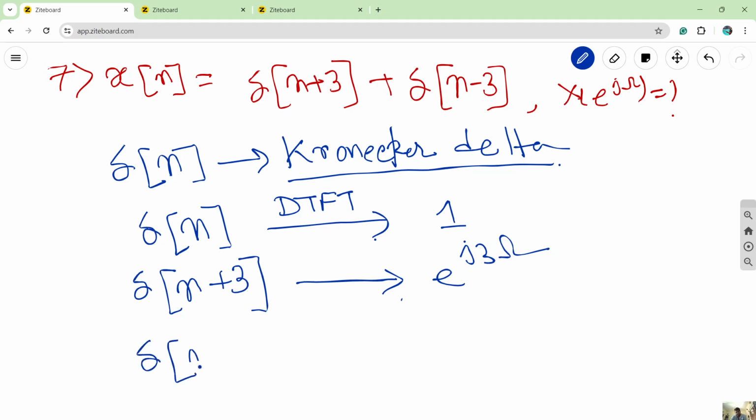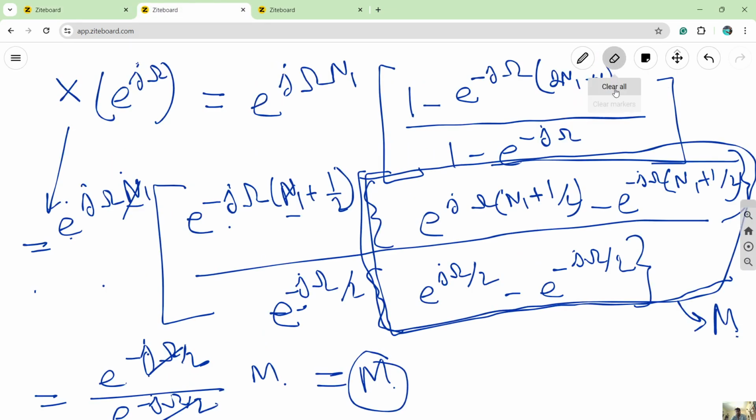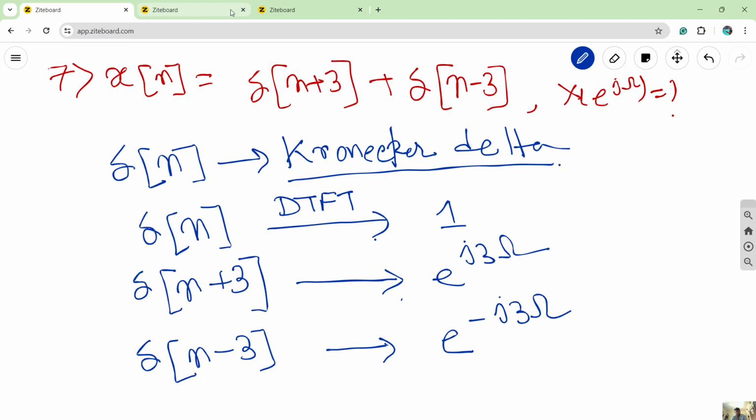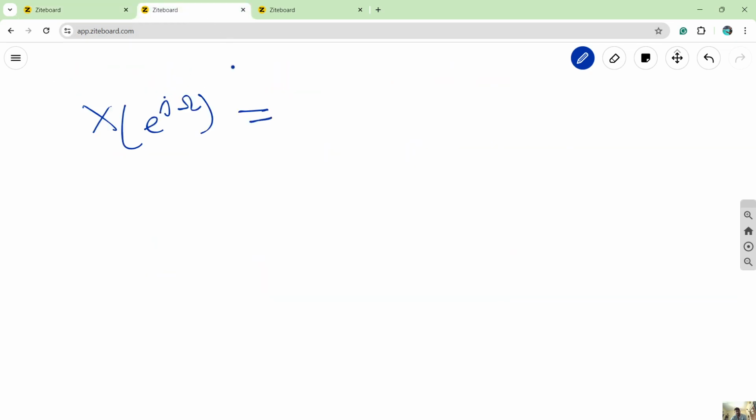Similarly, if we do a time shift by n minus 3, it becomes e to the power minus j 3 omega. So X of e to the j omega is actually the summation of these two terms, e to the power j 3 omega plus e to the power minus j 3 omega.